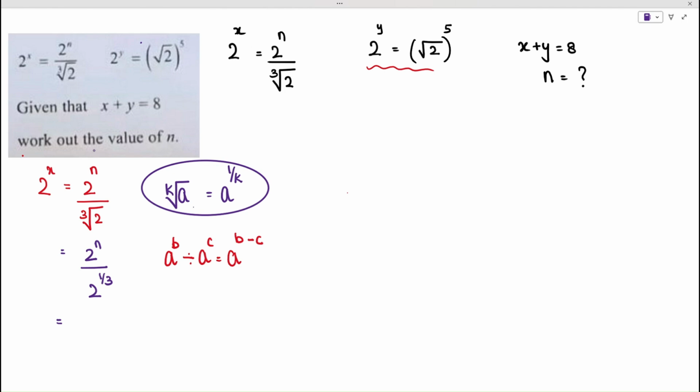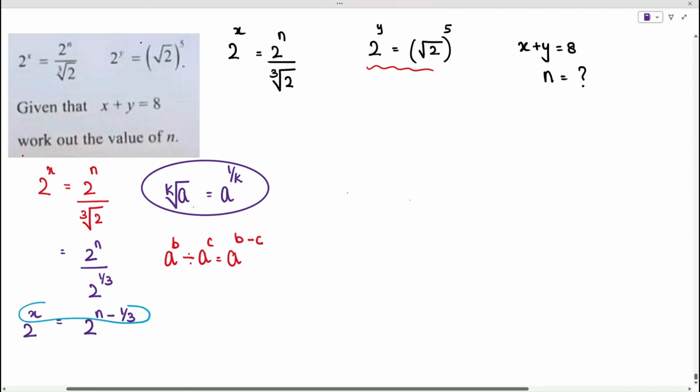And this gives us 2 to the power of n minus 1 over 3. And that's all in the indices there. And so since the bases are the same, we can equate our powers. So we can remove our 2's and we can just have x is equal to n minus 1 over 3.